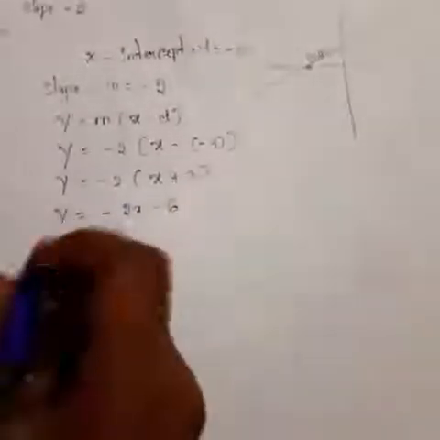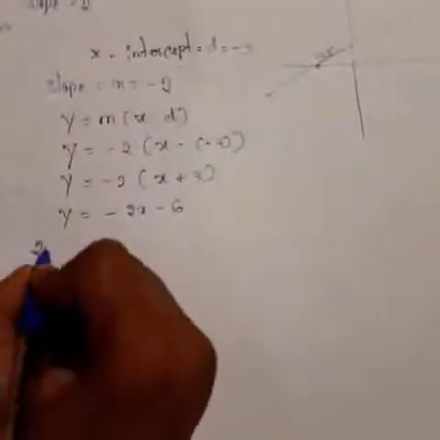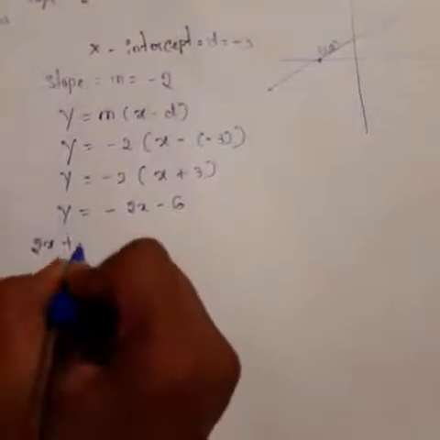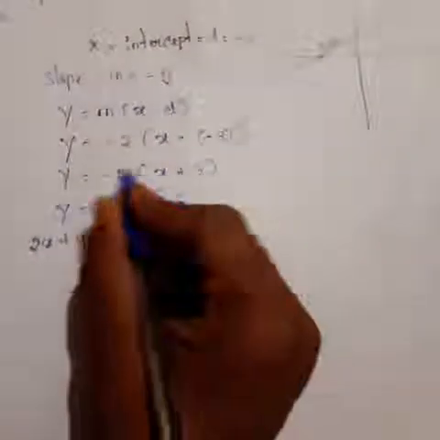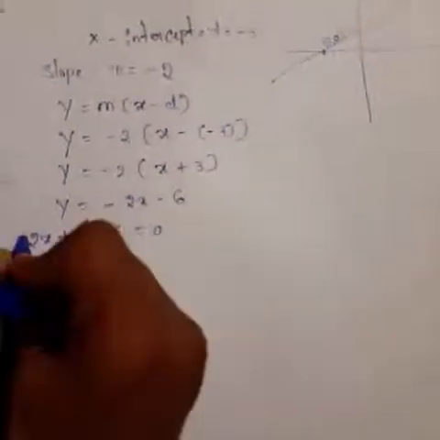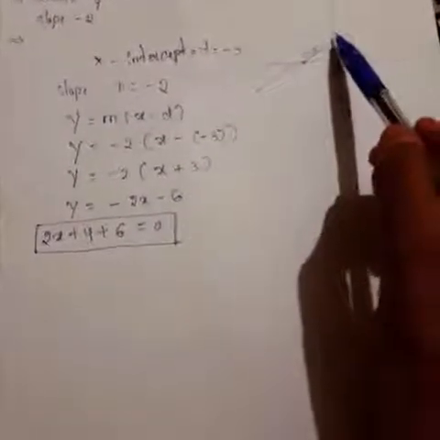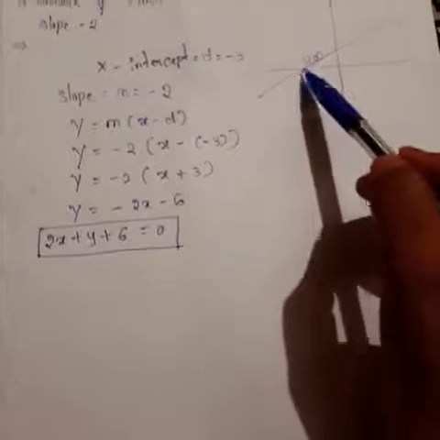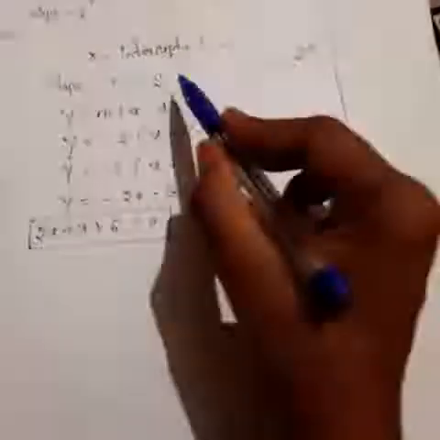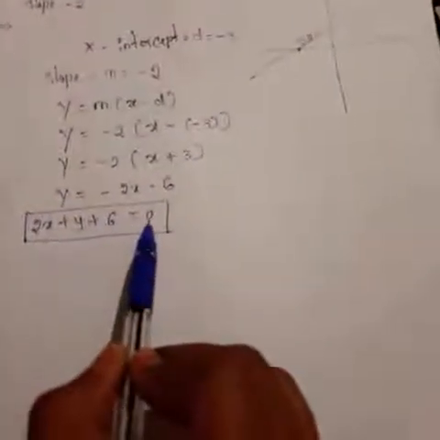Our final equation: -2x goes to this side and becomes +2x, y is as it is, and -6 goes to this side and becomes +6, equal to 0. So the equation of the line that intercepts the x-axis at a distance of 3 units with slope -2 is 2x + y + 6 = 0.